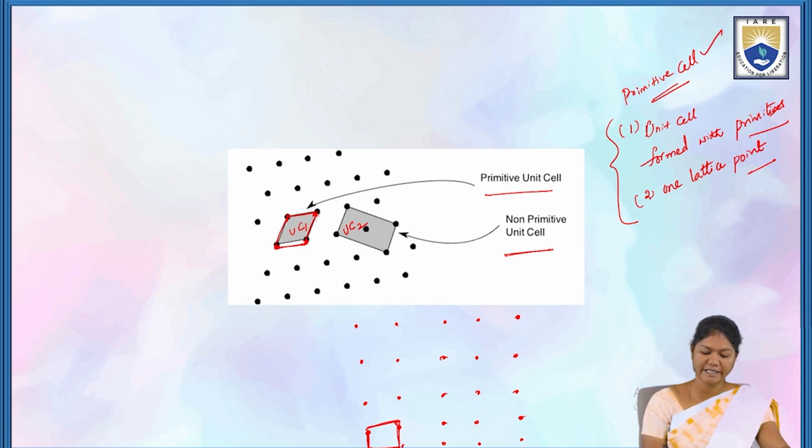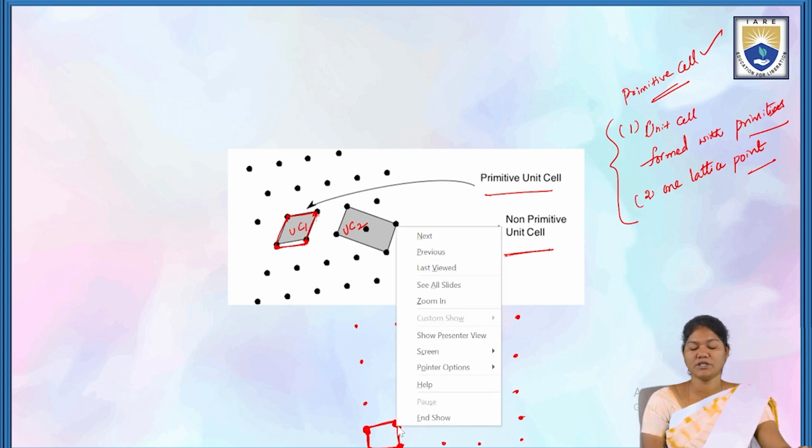So here at each corner there is a lattice point. Each lattice point at the corner can be shared with other lattice points of the other unit cells.